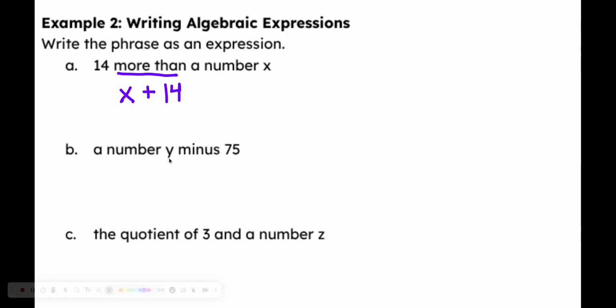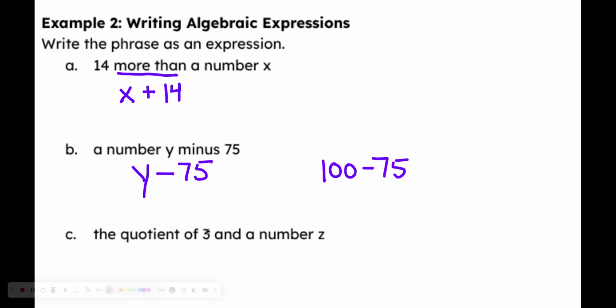So a number y minus 75, that means I'm going to have y minus 75. Again, y can be any number. Like if I say 100 minus 75, I would write that as 100 minus 75. It's the same thing. And then the last one says the quotient of 3 and a number z.